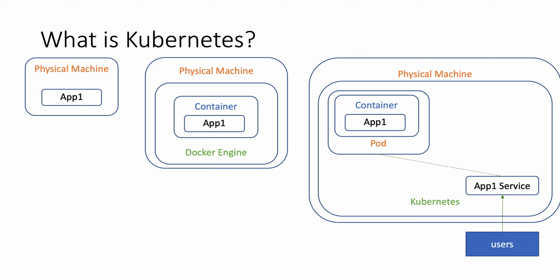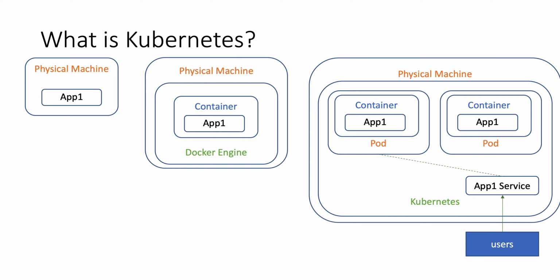So instead of letting the client know where the service is or what the new IP is, Kubernetes is decoupling that and buffering it at the service level. So now if I have another instance running, the app service will route the request to either of these containers and make sure these two containers and the pods are up all the time. And that is what Kubernetes provides.